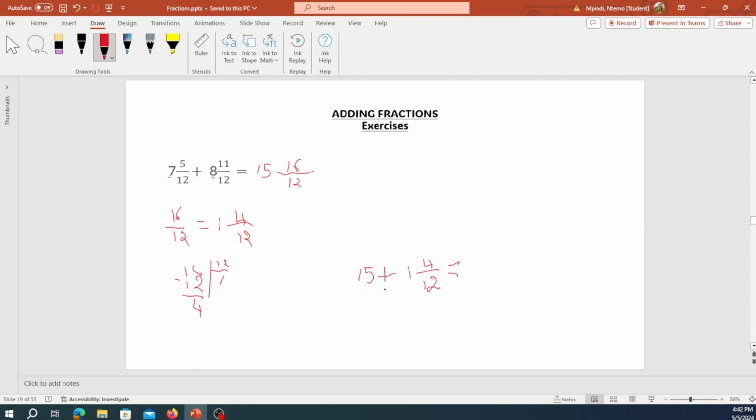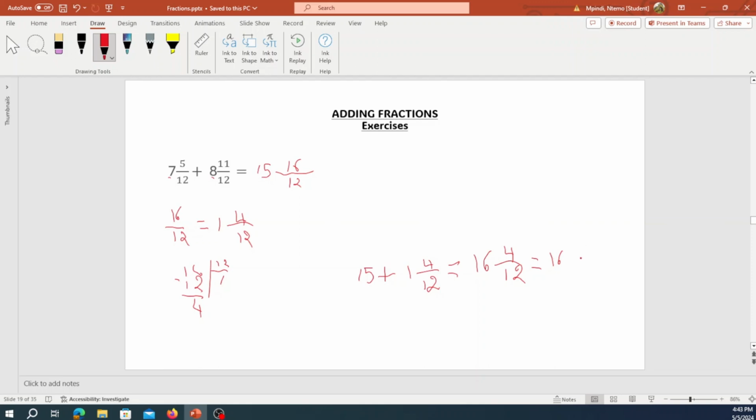Now when we add this together, we're going to get 16, and we have 4 over 12. Equals what? We're not done yet. So we keep our 16.